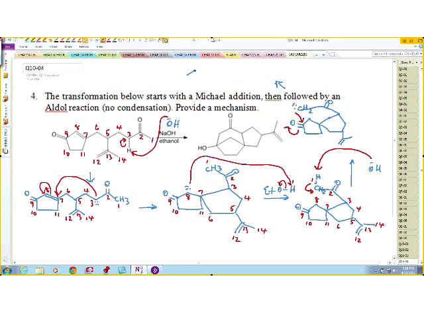Now we have this. Okay, and right here we have this. Carbonyl is here, and this here, and this is here.